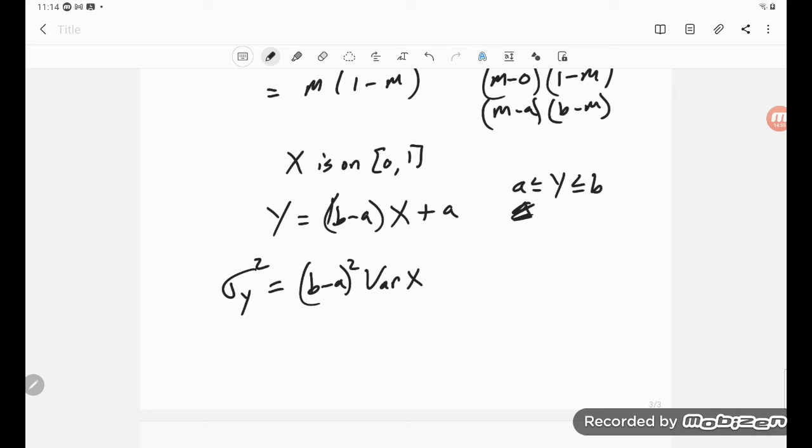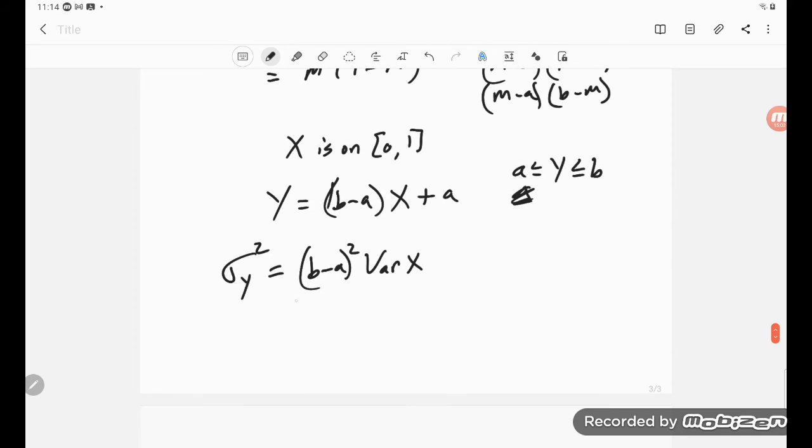Okay, so we had that. But the variance of x, we know, is less than or equal to the mean of x times 1 minus the mean of x, multiplied by b minus a squared, because we established that up above.